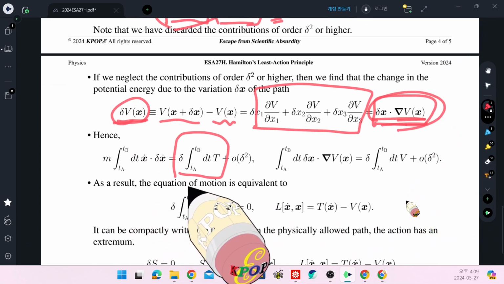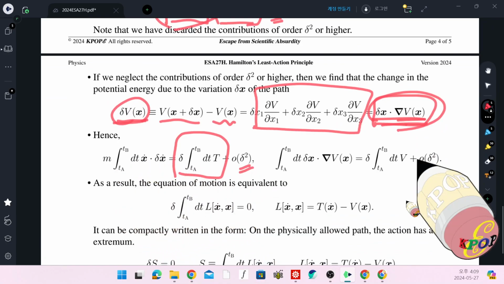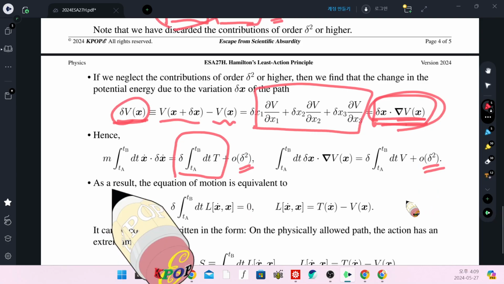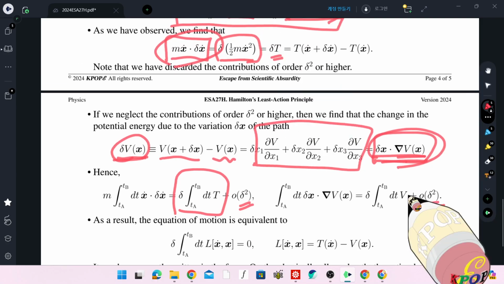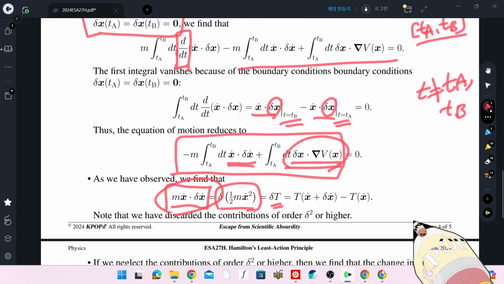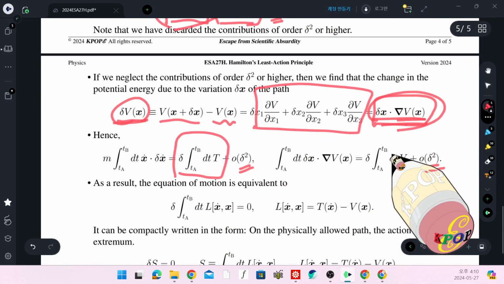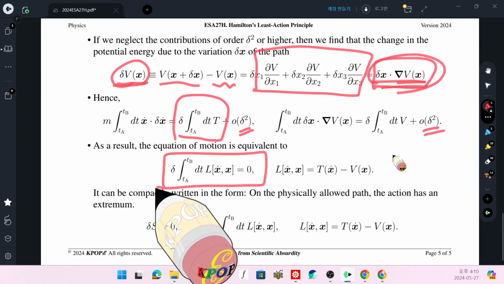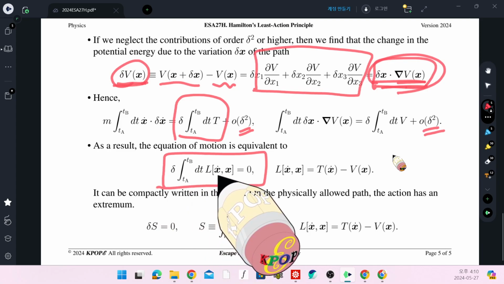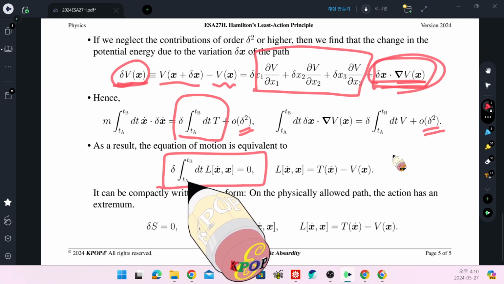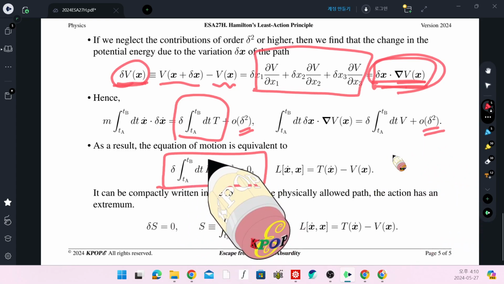So by neglecting order delta squared contributions, our modified equation of motion is nothing but the variation of the definite integral over the time interval ta to tb of the Lagrangian.